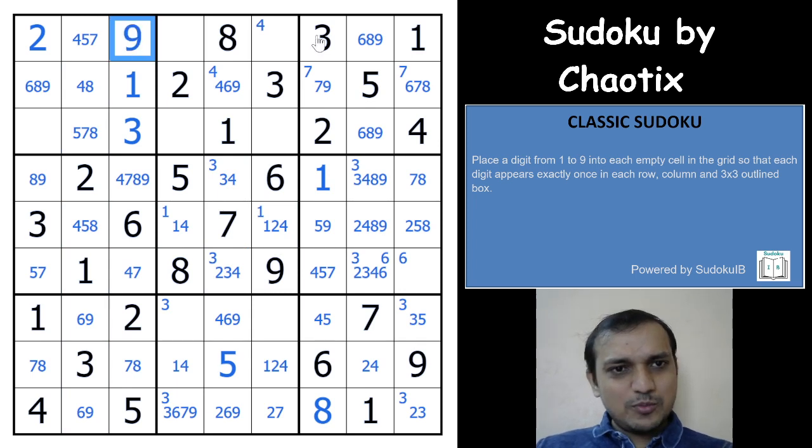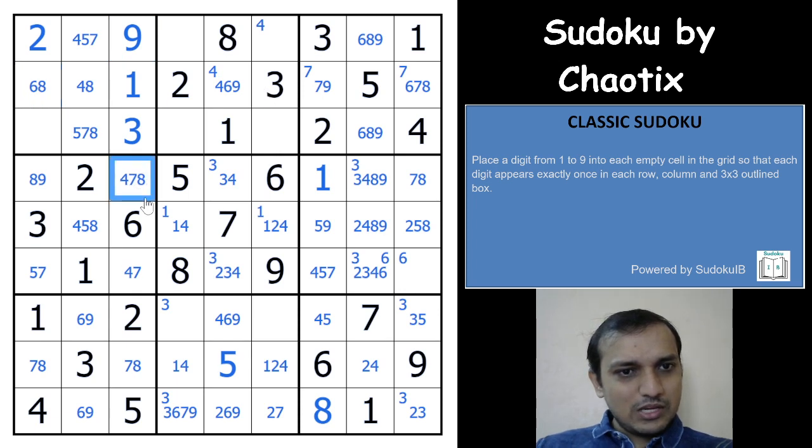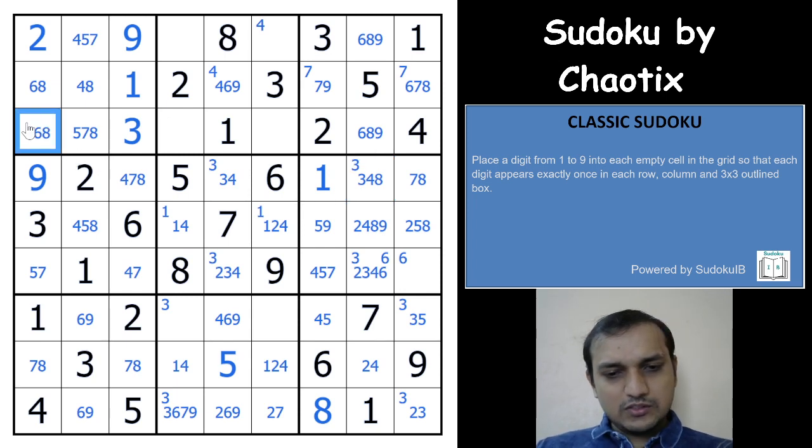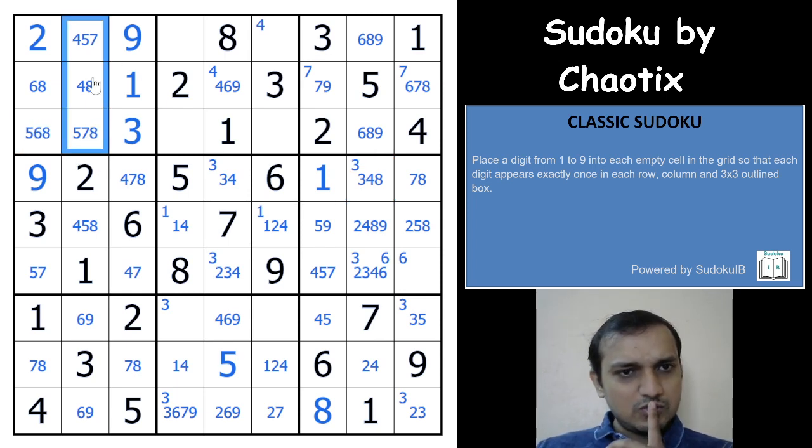This cell would have to be a 9. That eliminates 9 from this cell. Eliminates 9 from this cell. You get a 9 here. Eliminate 9 from this cell as well. Five, 6 and 8. 7 is in one of these two cells. So this is 4, 8. Okay.